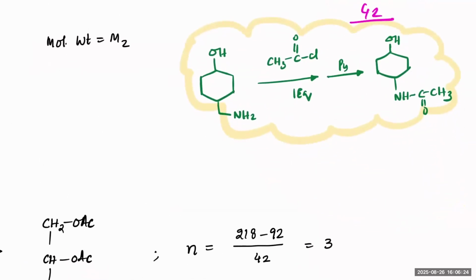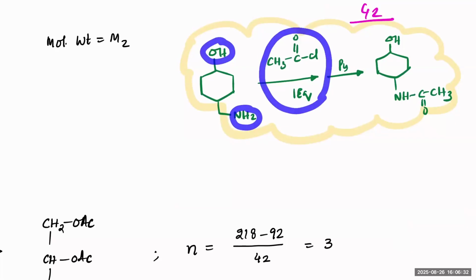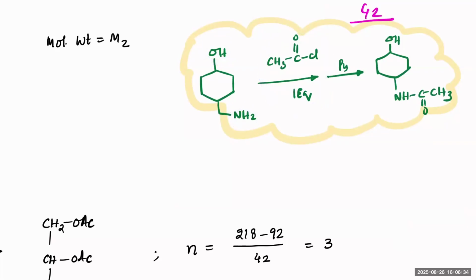This was recently asked in JEE: if you have an OH group on one end and an NH2 group on the other end, and you are reacting with acid chloride or anhydride, but you are taking only one equivalent with pyridine, where does the reaction happen? Now remember, all you need to check is which is a better nucleophile: oxygen's lone pair attacking or nitrogen's lone pair attacking. Which one is a better donor here? Nitrogen, right?